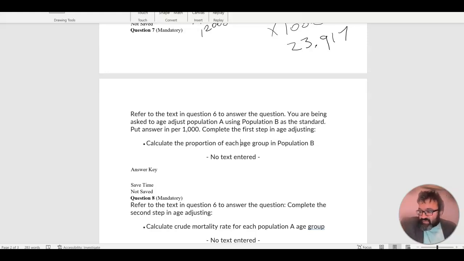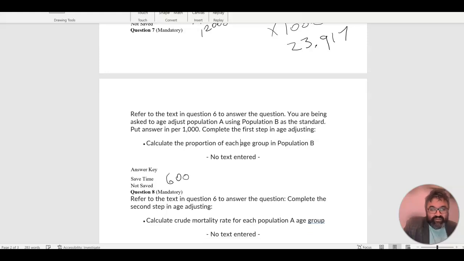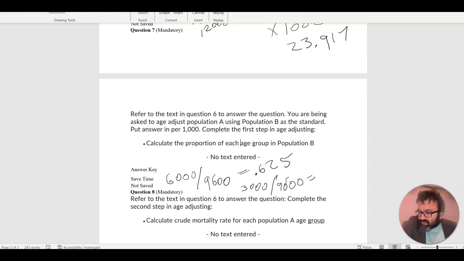Just to refresh your memory, 6,000 divided by 9,600 is equal to 0.625. Then the next age group was 3,000 divided by 9,600 again, and that gives you 0.3125.